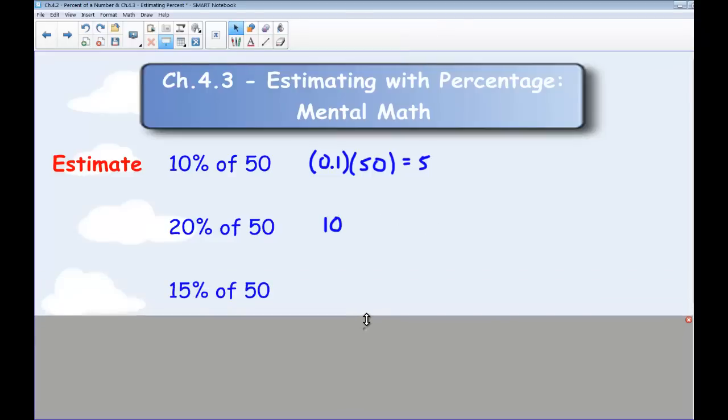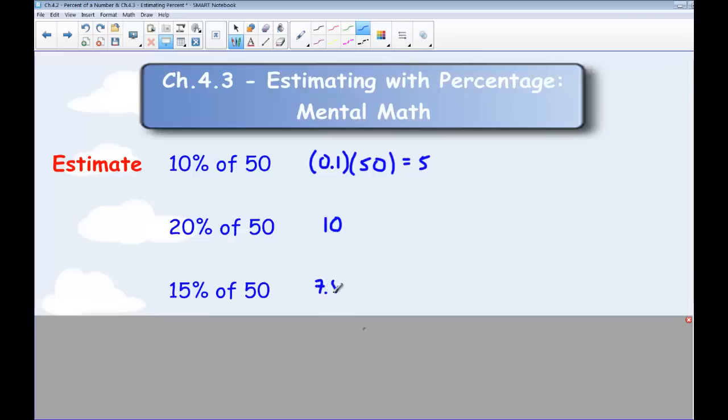So then how do we go and figure out what 15% of 50 is? Well, if we know that 10% was 5 and 20% was 10, then 15% must be right in the middle. So therefore, 15% of 50 would work out to be 7.5.